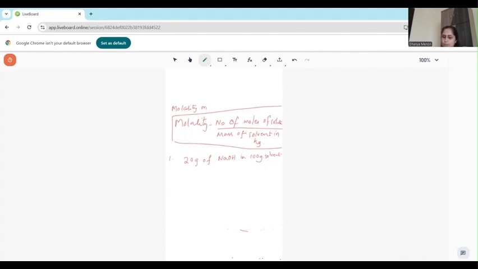You need to find the molality. This is just a basic question, applying the formula, that's it.